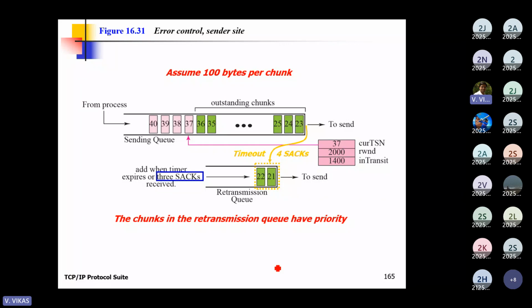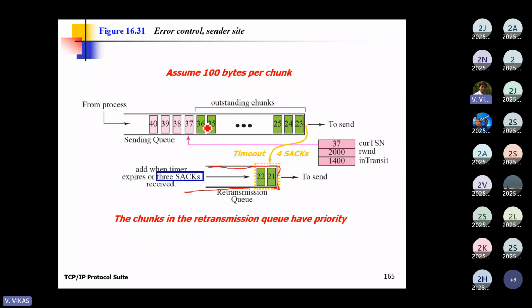Okay, now let us see with respect to sender side what is happening. This is the queue which we were maintaining. Along with that, we will also keep retransmission queue. So outstanding chunks from 23 till 36 we had transmitted previously.